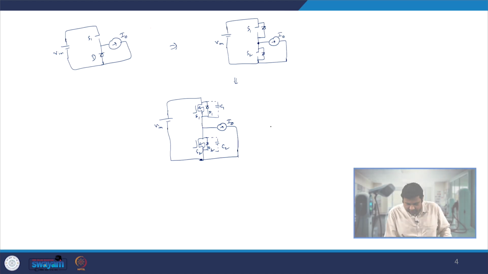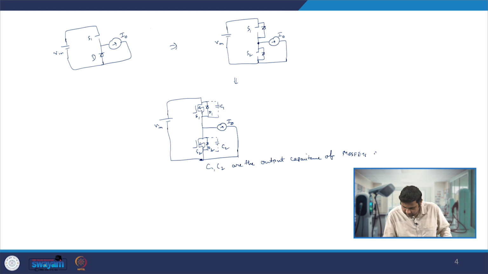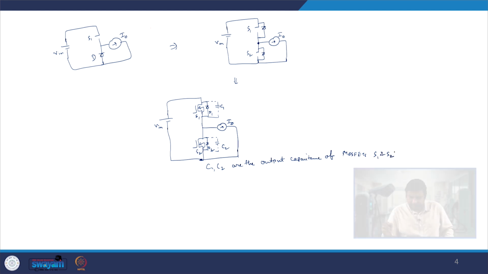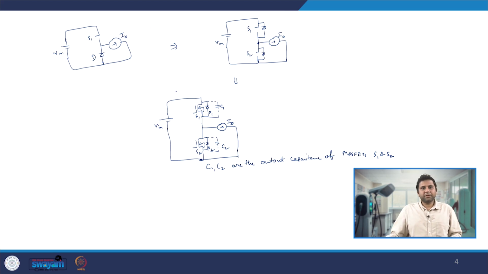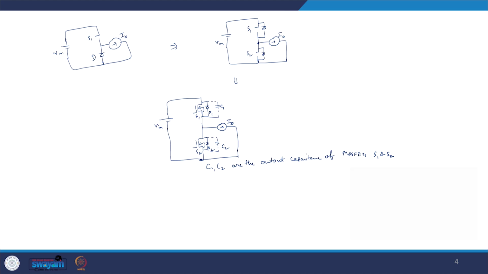C1 and C2 are the output capacitances of MOSFETs S1 and S2. So from now on, we will consider this particular structure, and we will try to see the concept of soft switching.